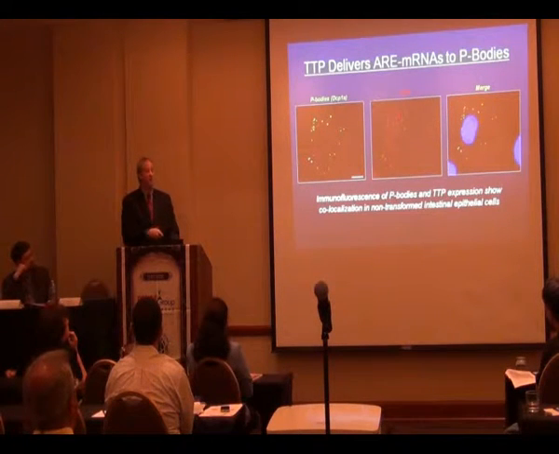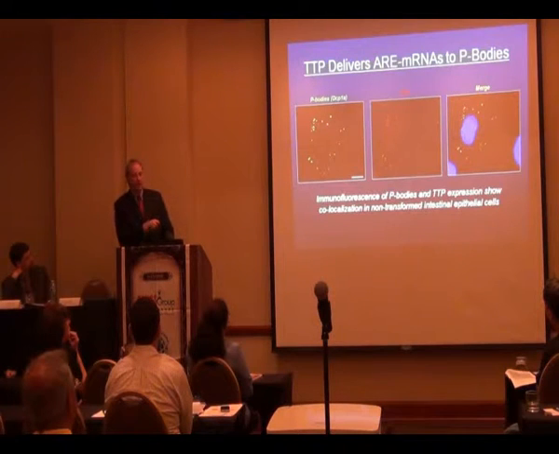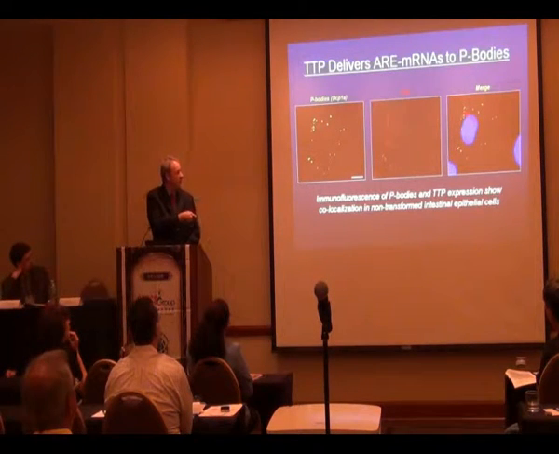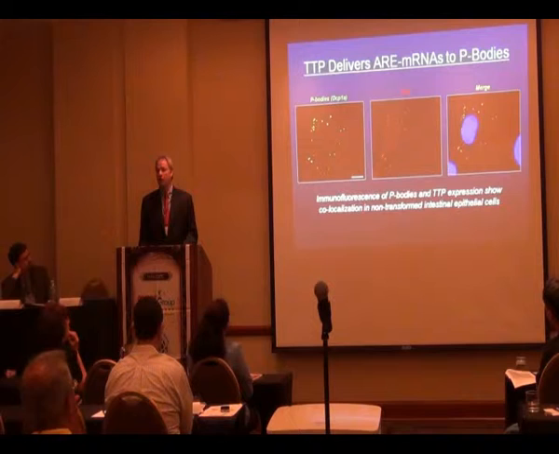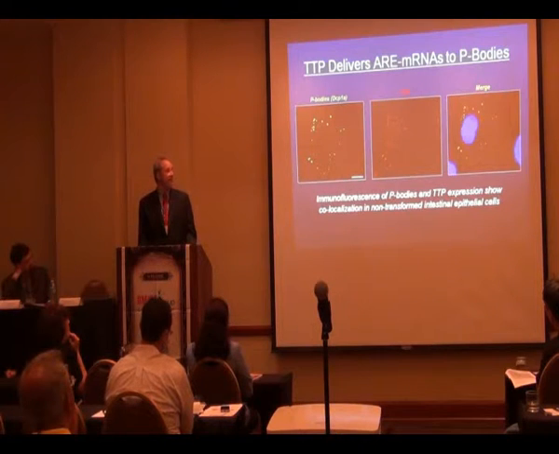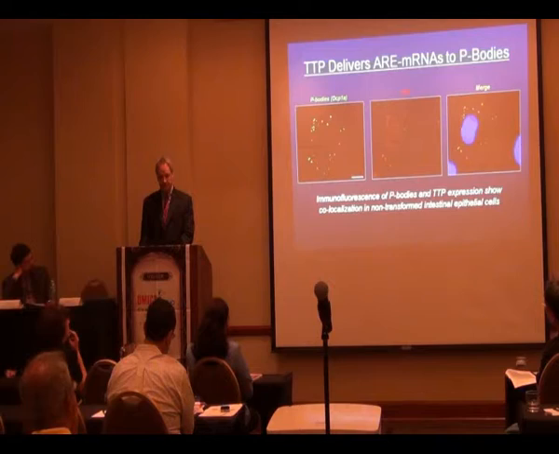You stain the same cell with TTP protein, you see similar numbers of dots, and when you merge these two images together, where you can see yellow, you see the co-localization indicating that TTP protein co-localizes with mRNAs on these P-bodies.